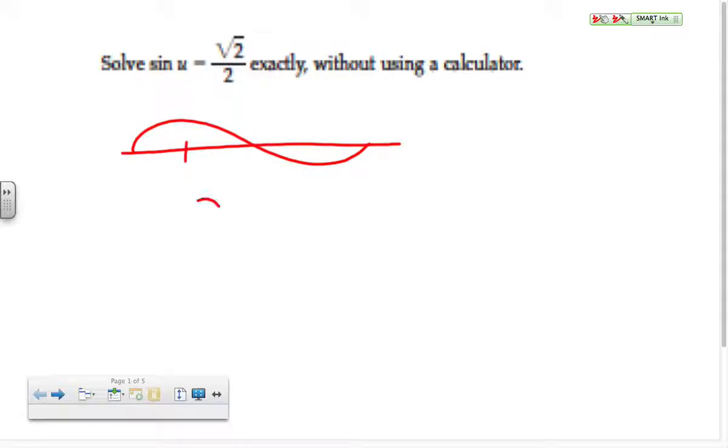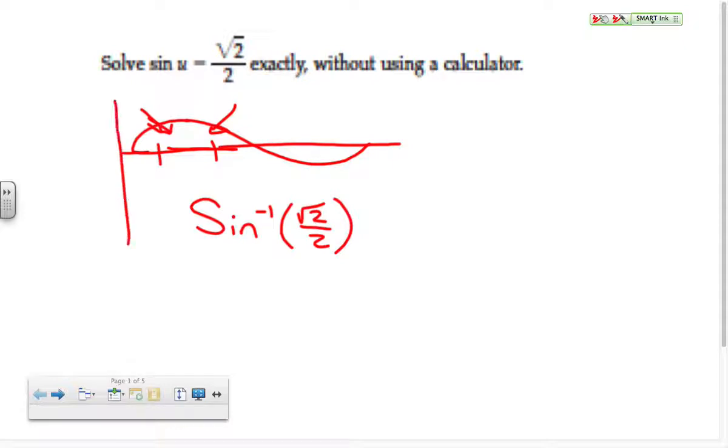Most of us know, if we're comfortable enough with the triangles, that the sine of... it actually hits it twice. I'm sorry, I knew, that's why I've been pausing. Sorry. It's right here and right here. So these two places are where it hits root 2 over 2. So it's somewhere in there.